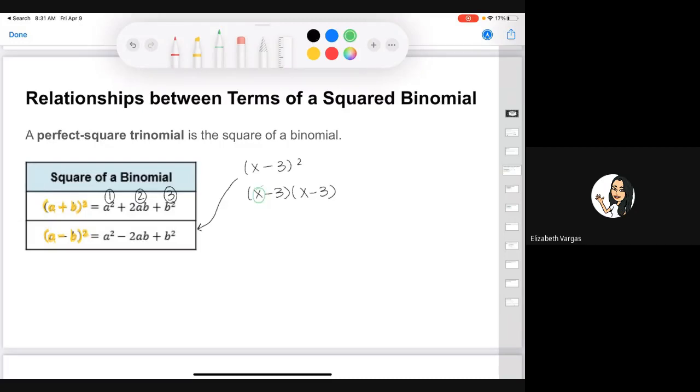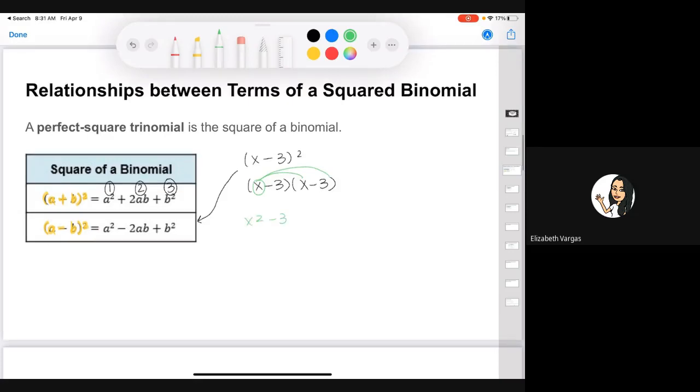Then I do first, outer, inner, last. And that gives me x squared minus 6x plus 9.